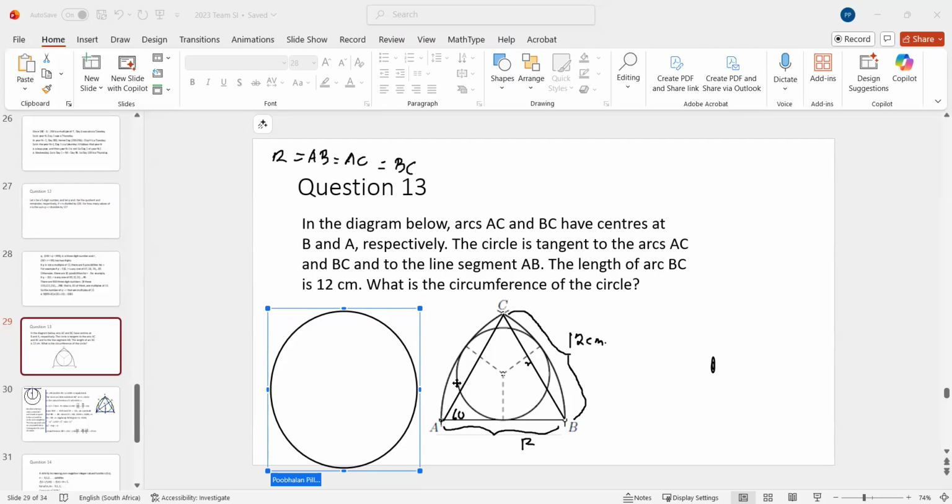This arc here has got radius R. The capital R is here.